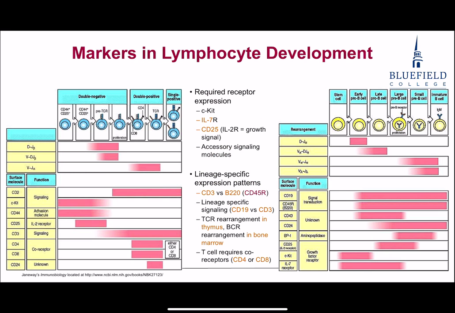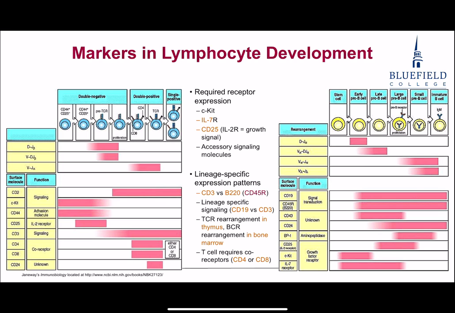All right. This is a very active process. This, by no way, shape, or form would I ever expect you to know 90% of what's on here. But I want you to understand the dynamics of this. So here are T cells, here are B cells. If you go from left to right, that's its developmental process.